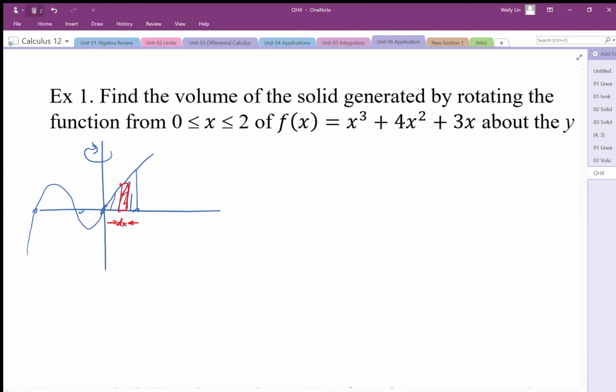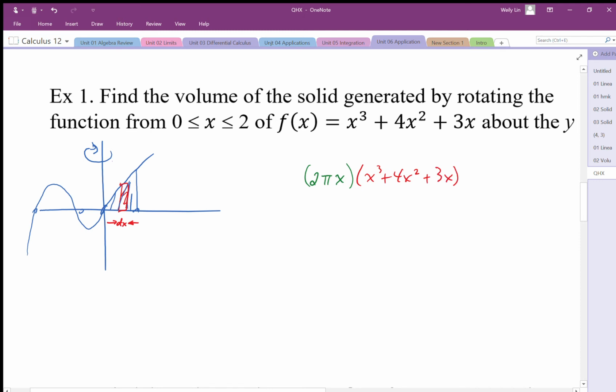So we need to generate the circumference. The circumference of that shell is going to be 2 pi x, so each shell is going to be at a position of x. We're going to need the height of that shell, which is our f of x, x cubed plus 4x squared plus 3x.